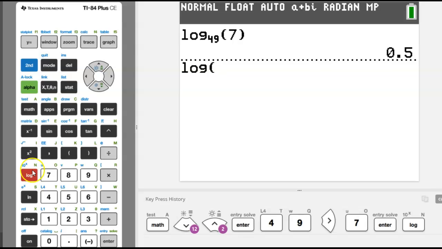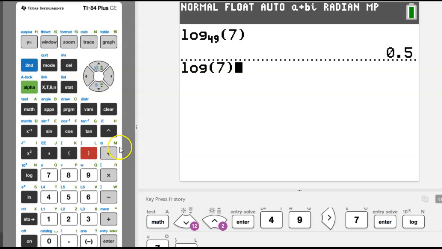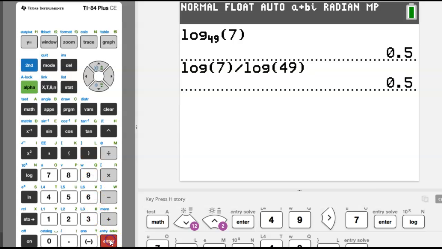So we're going to go straight across. So we're going to do log of 7 in base 10. And then we're going to divide that by the log of the base that we wanted to change it to, but that our calculator didn't have the capability of doing. Okay, so again, we just went straight across, log of 7, and then divide by log of the intended or desired base. Press enter and we get 1/2.